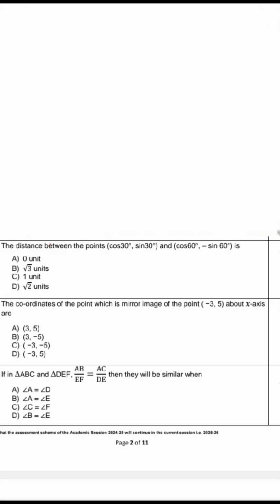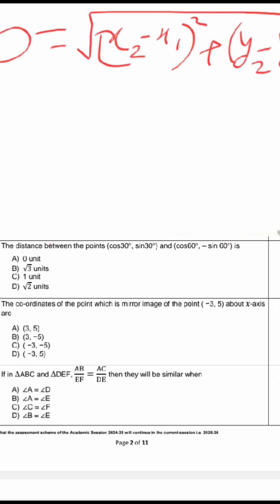Now the next question number is 7. How we solve question number 7, the distance between the points. So what is the formula of distance? D equal to square root of x2 minus x1 whole square plus y2 minus y1 whole square.